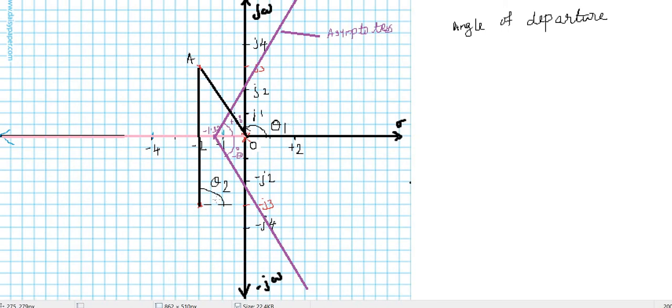Using the protractor, you can measure theta 1 and theta 2. You can see that this is 90 degrees.